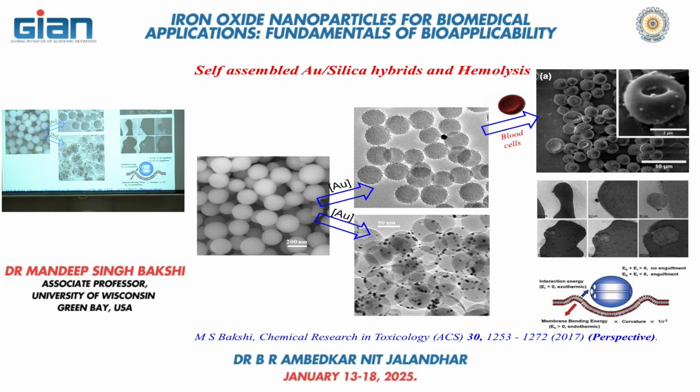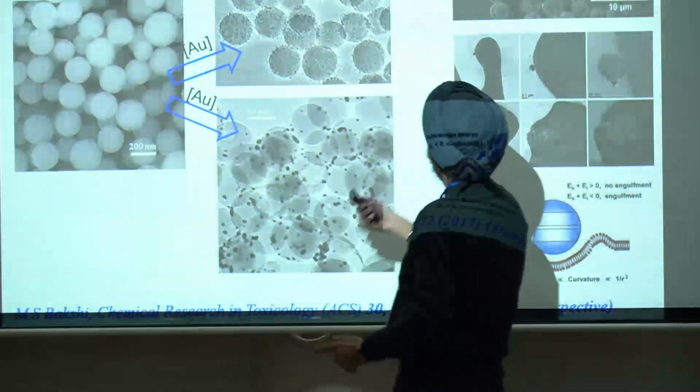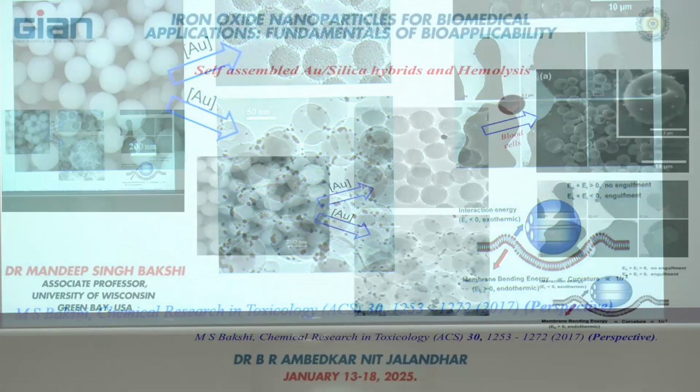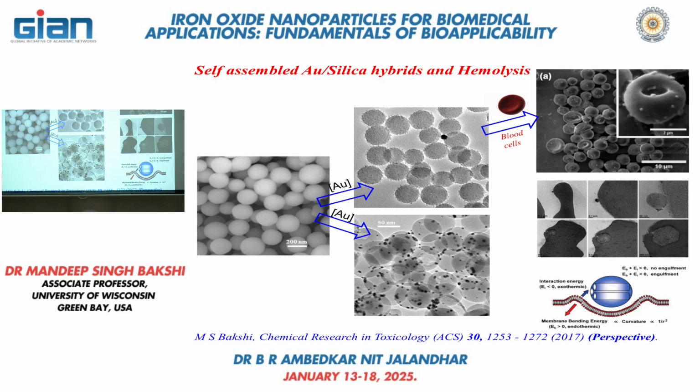Now you will be wondering that it is 200 nanometer, but when we place these on the surface of the blood cell, they look like only tiny dots, because look at the scale bar.